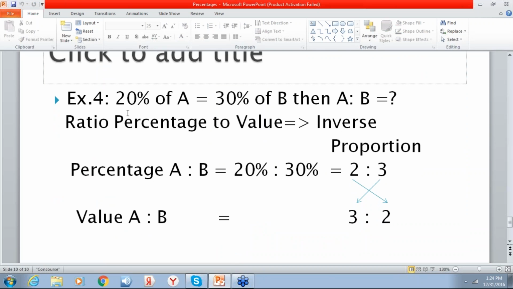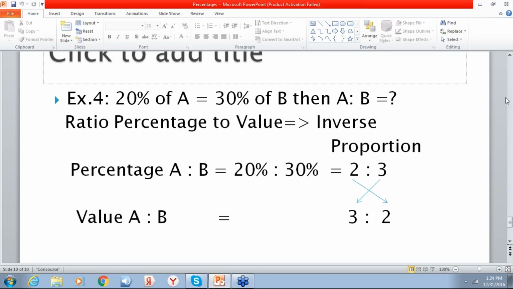Let us discuss the next question. If 20% of A is equal to 30% of B, then find A is to B. Here, the ratio of percentage to value will always be in inverse proportion. Percentage wise, A and B are in the ratio 20% and 30%, that is 2:3.